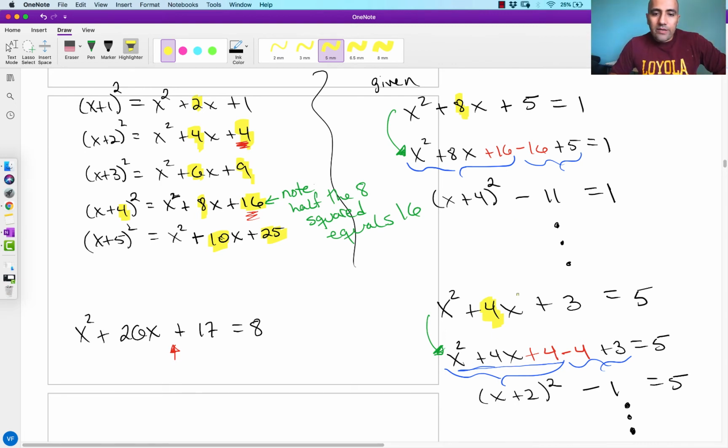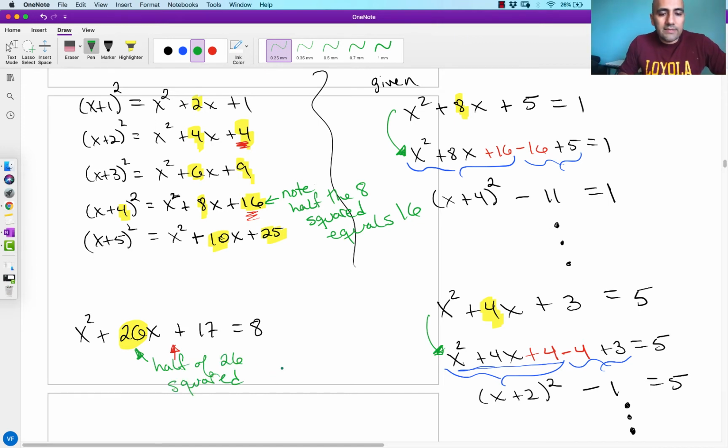Right? So keeping all that in mind, if I have this new question over here, and we want to figure out, okay, what's the perfect thing to add and subtract here? What's this little red part that I add and subtract? Well, we would focus on this number. We want to half that and square it. So we want to do half of 26 squared.